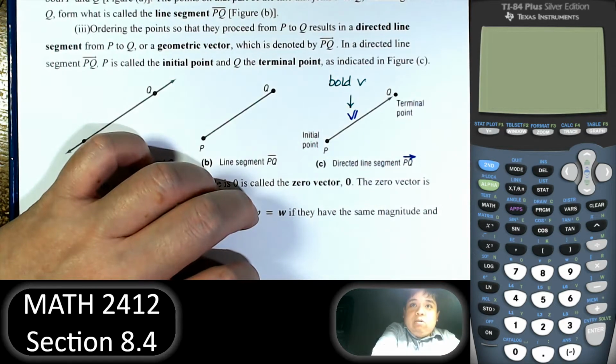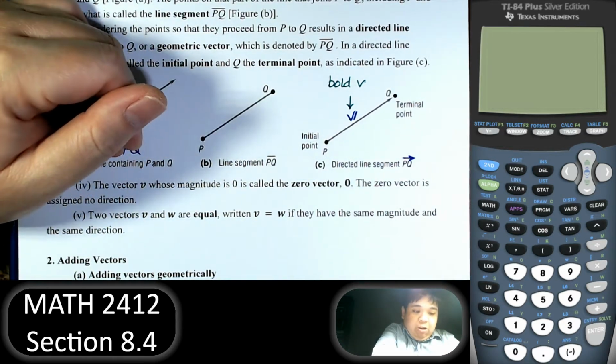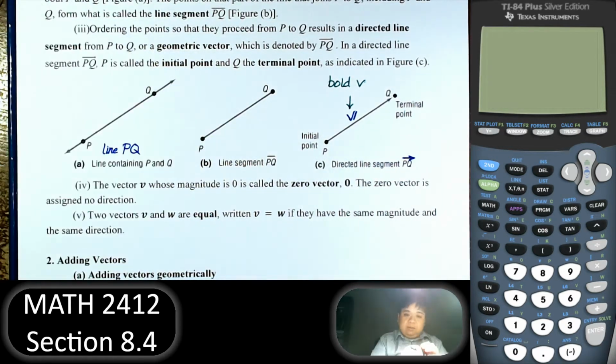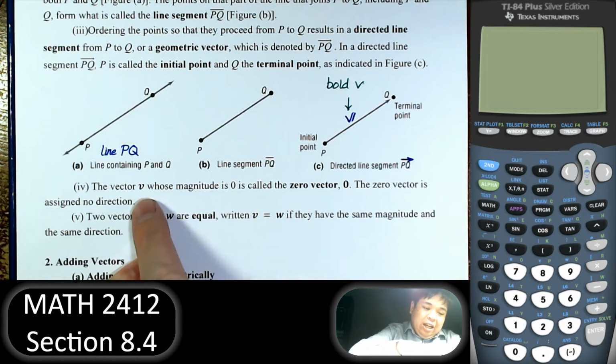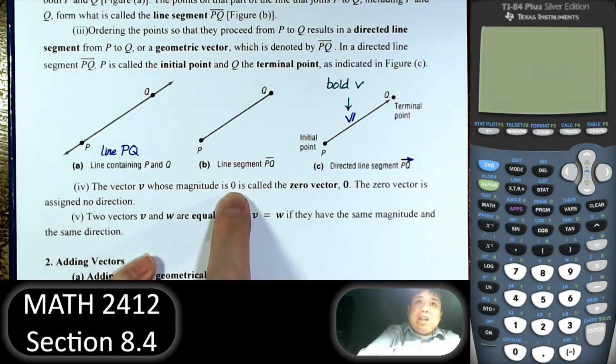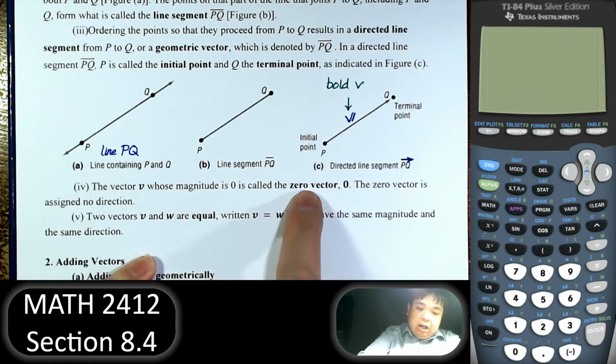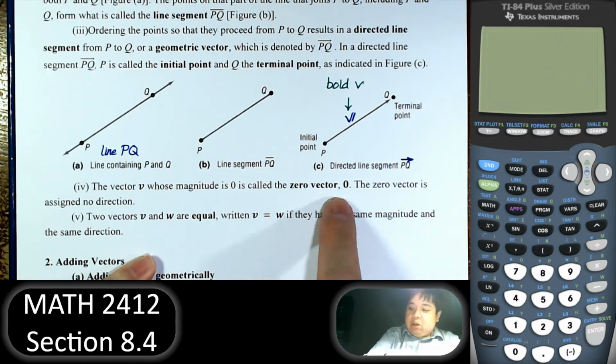For the notation for vector, we use a boldface letter to distinguish between the vector and the variable. You see that here: a vector v whose magnitude is 0. This is the number 0. The zero vector is the boldface 0.